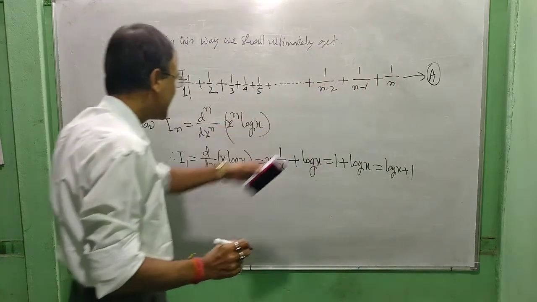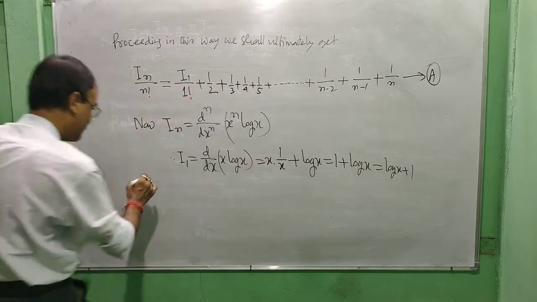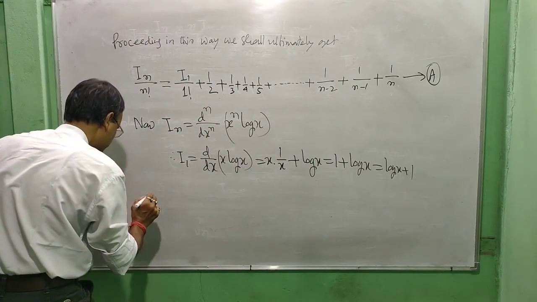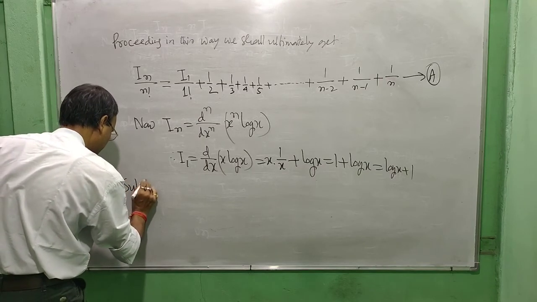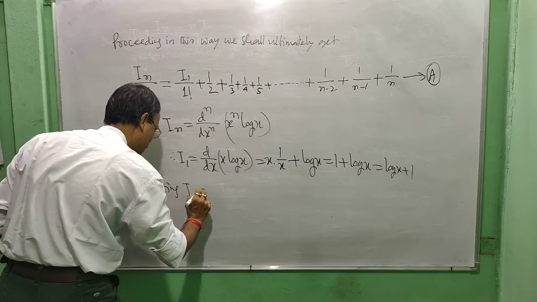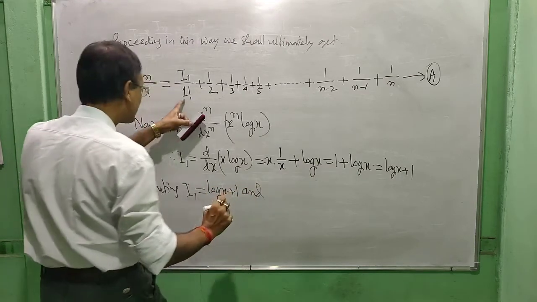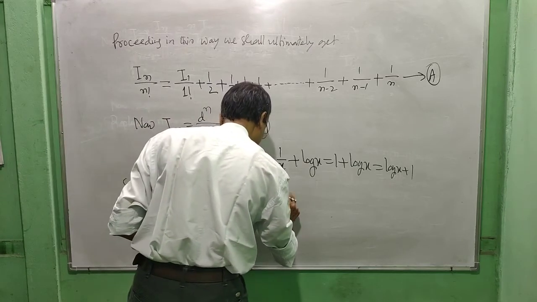Therefore, substitute I_1 equal to log x plus 1 in A, and factorial 1 means 1.